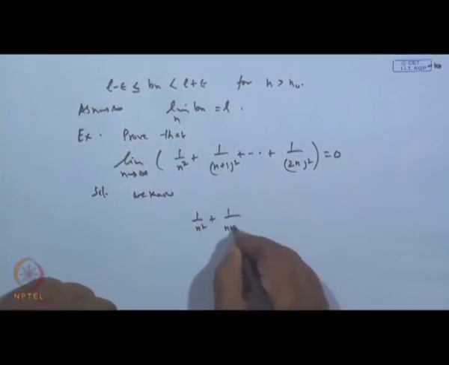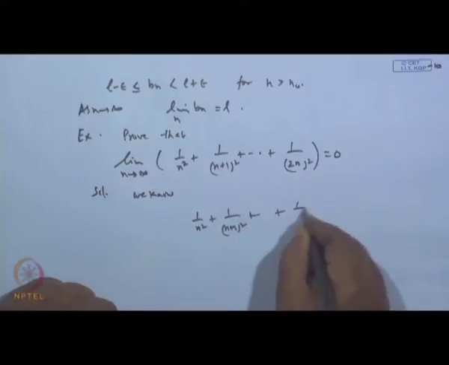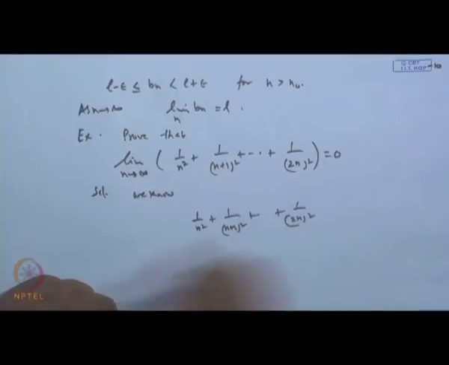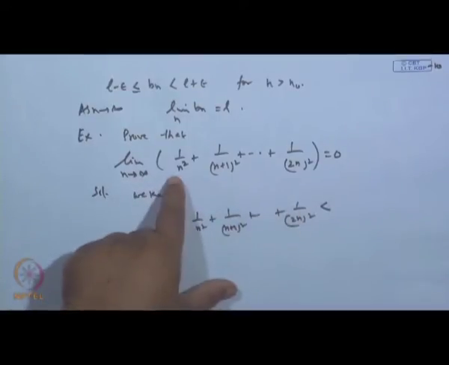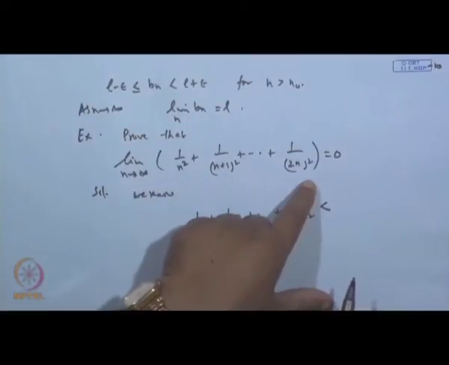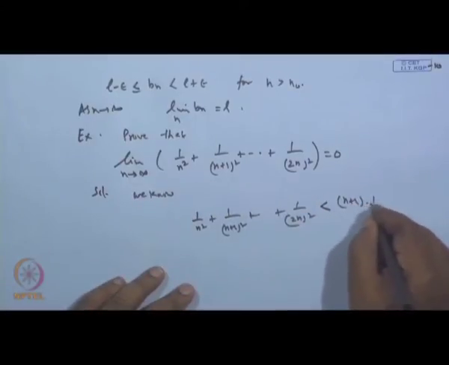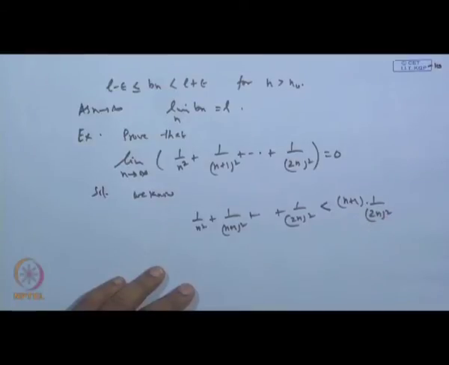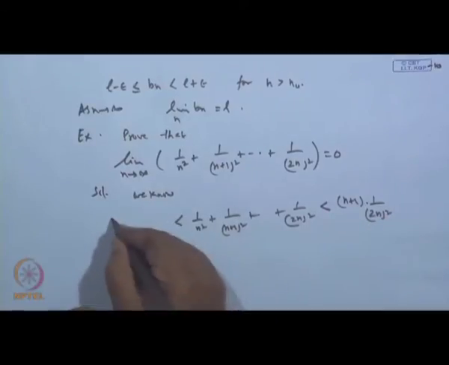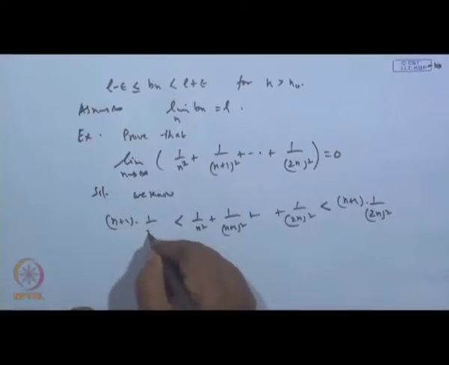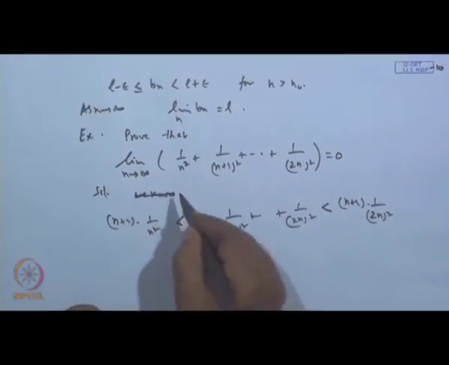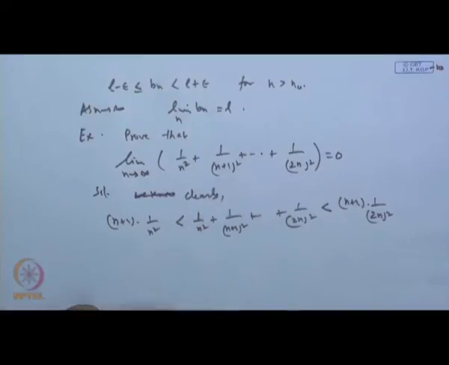So, this sum will be less than the total number of terms, which is n plus 1, into 1 by n square, and greater than n plus 1 into 1 by 2 n square. We get this, is it not?